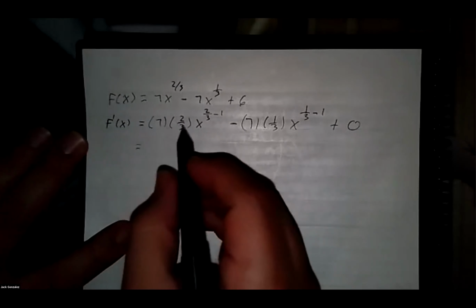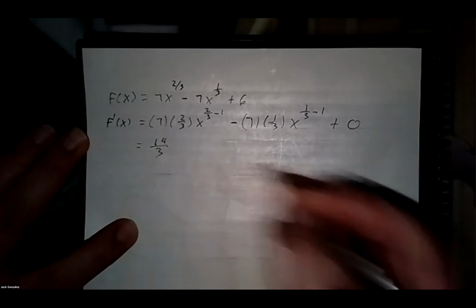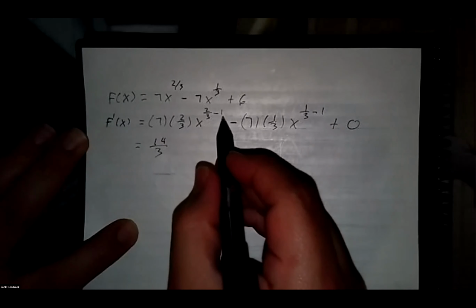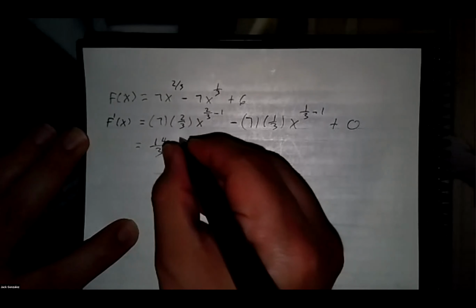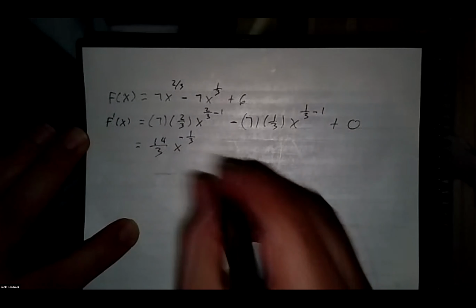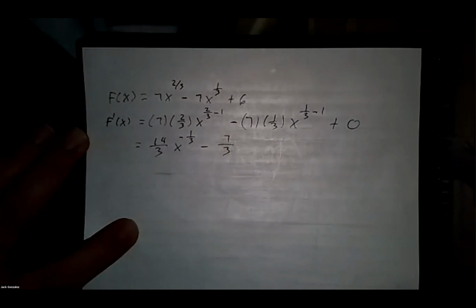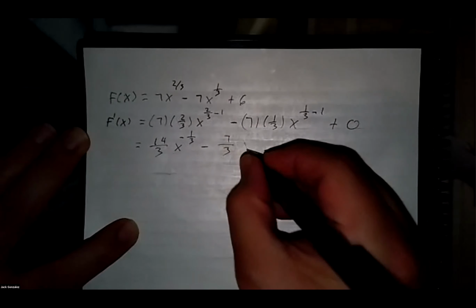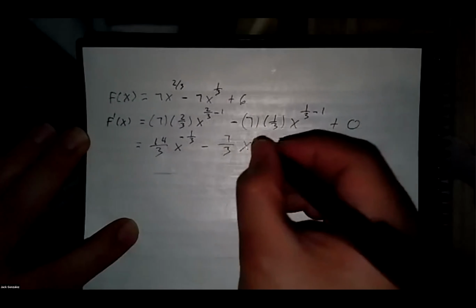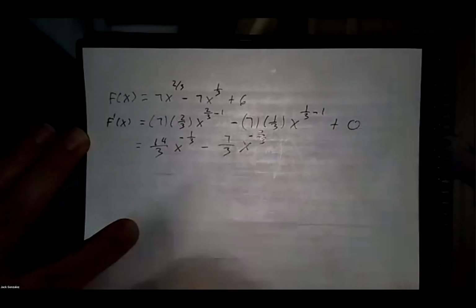Okay, so 7 times 2/3, that'll be 14/3. 2/3 minus 1 will be x to the negative 1/3. 7 times 1/3 would be 7/3. 1/3 minus 1 will be negative 2/3.